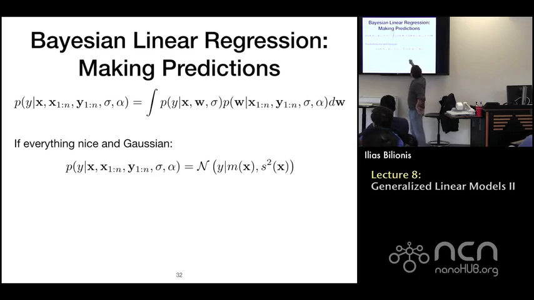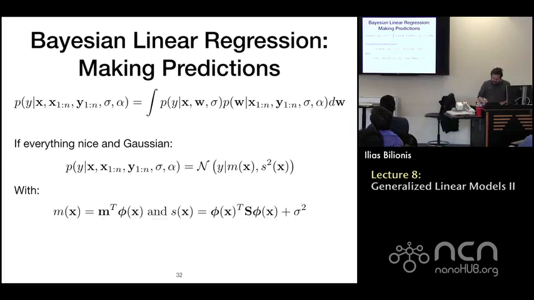And you will get a Gaussian, and that mean and that variance are going to be like that. So the mean is going to be this quantity right here. The variance is going to be this quantity. Okay? Mean and variance. And you see that the mean is the mean of the weights times the basis functions. So this is basically your model, right?